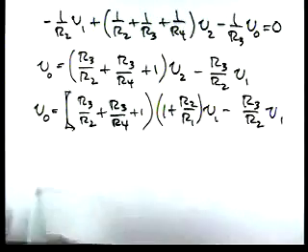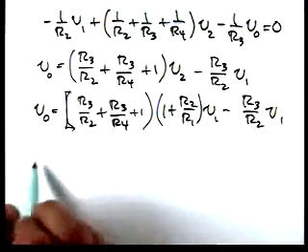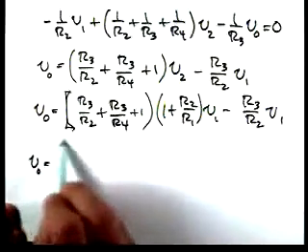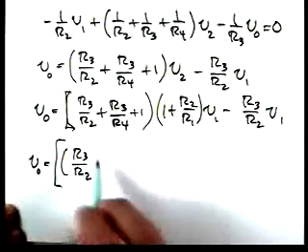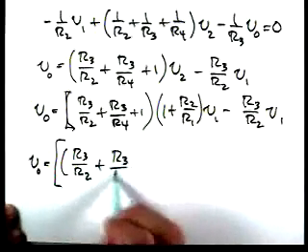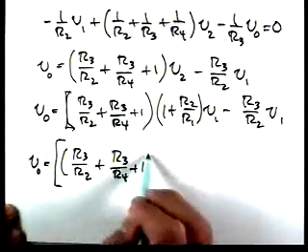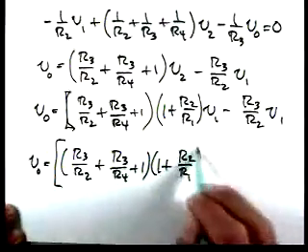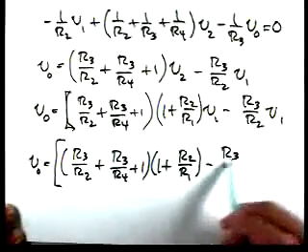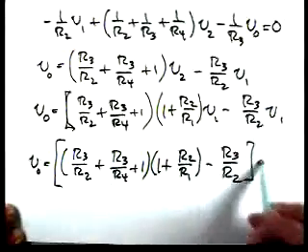And now rewriting, we'll have V0 is R3 over R2 plus R3 over R4 plus 1 times 1 plus R2 over R1 minus R3 over R2 times V1.